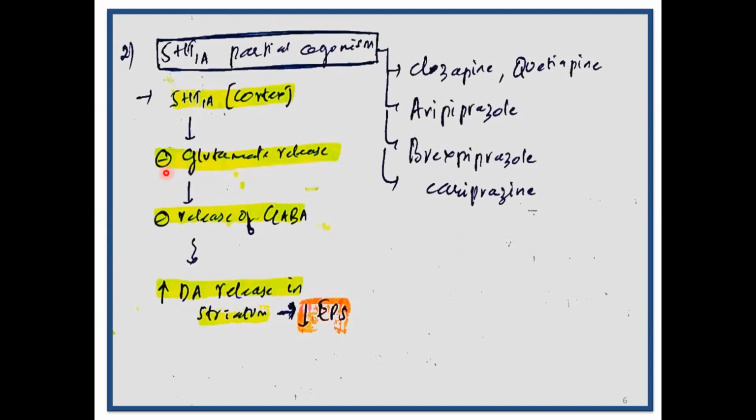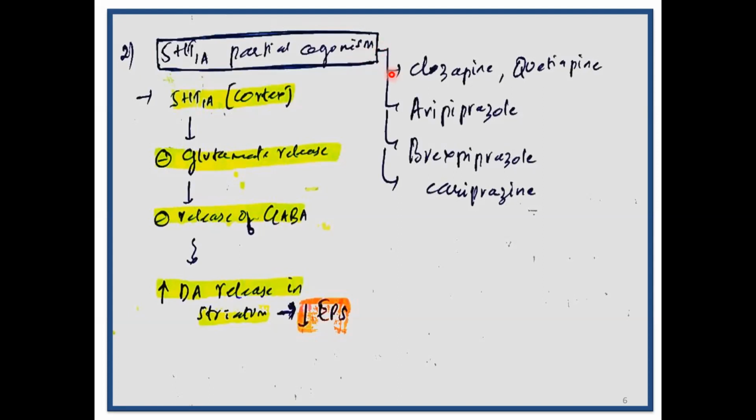So this effect decreases or inhibits the release of GABA, which in turn loses its influence on the dopaminergic neuron, thereby increasing the dopamine release in the striatum, thereby decreasing the tendency of extrapyramidal symptoms. So I would like to highlight once again the importance of 5-HT1A partial agonism.